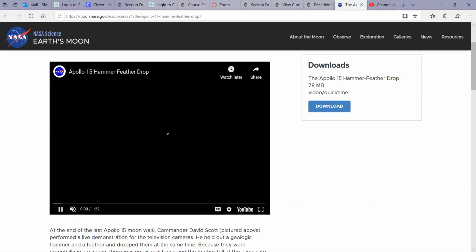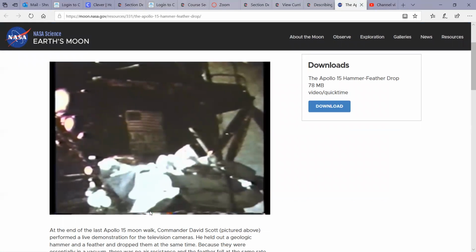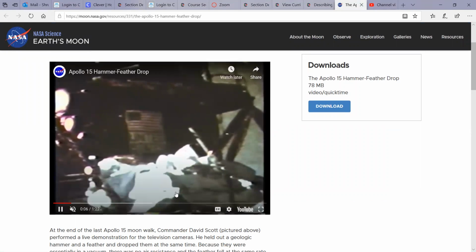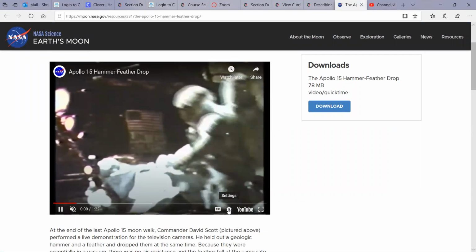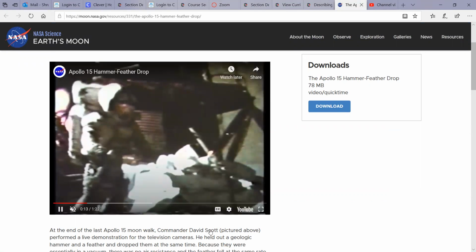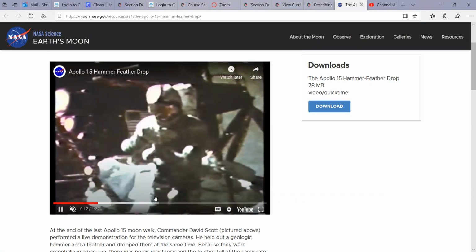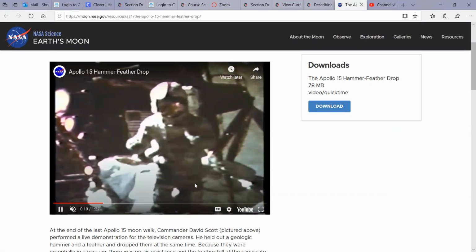This is on NASA's site. Apollo 15 hammer feather drop. Can you all see that? So in one hand he has the hammer, in the other he has a feather.